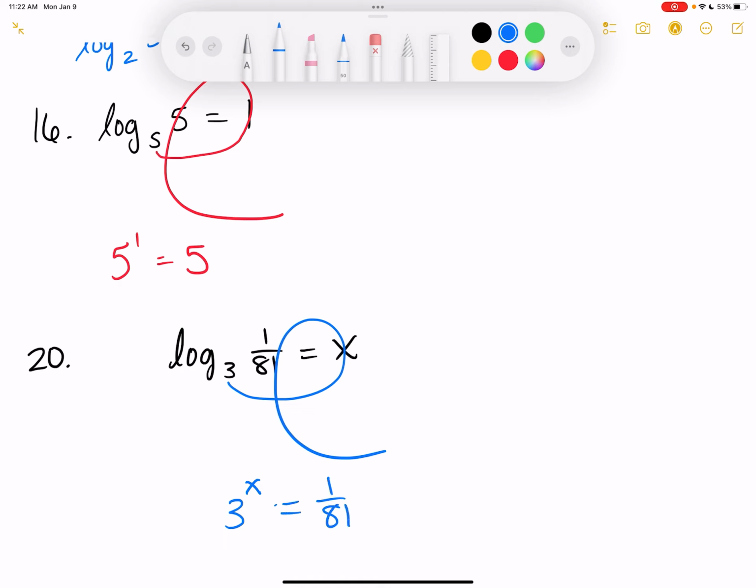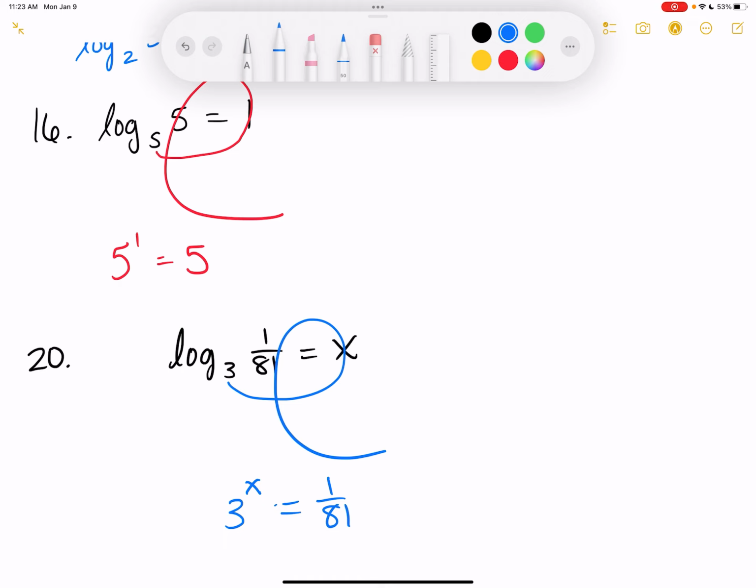So how can I rewrite 81 in terms of 3, or 1 over 81 in terms of 3? 9 squared. Okay, 9 squared. So that's obviously going to help there. I want it in terms of 3. So then what would I do? How many times do I multiply 3 to get 81?